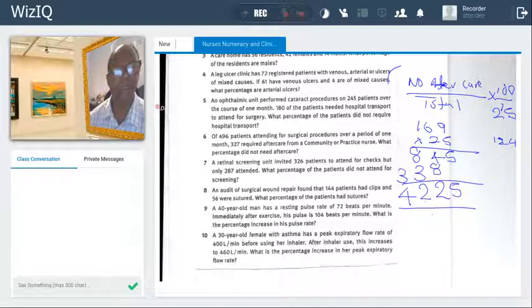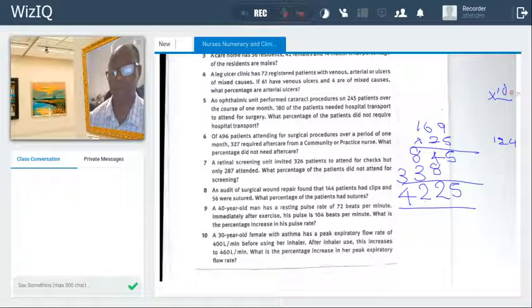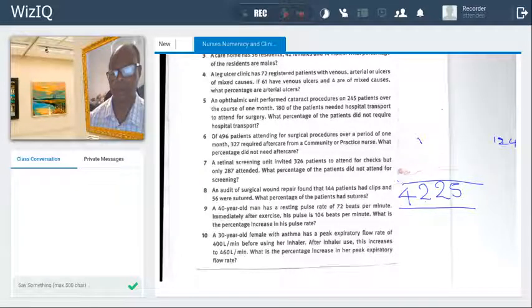Now I'm going to have this number divided by this number. So I have 4, 2, 2, 5.